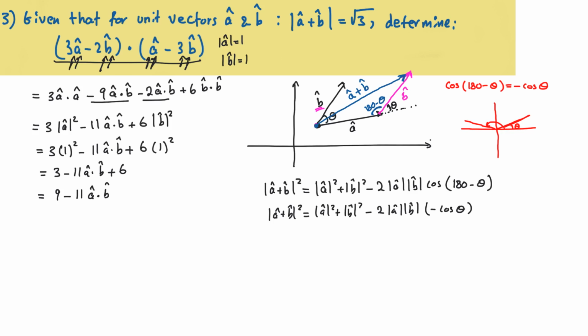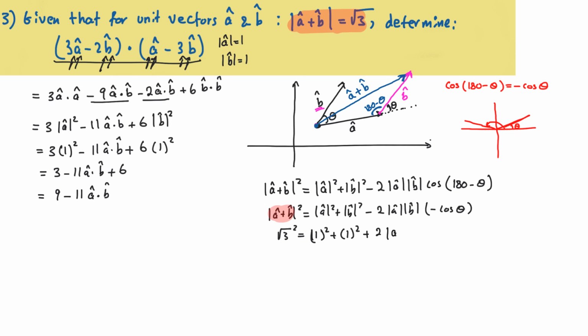We're going to take this set of information from here. We know that this magnitude is equal to root 3, and we need to do root 3 squared. And the magnitude of unit vector A is 1. The magnitude of unit vector B is 1. The negative here and here multiplies together to give me positive 2.